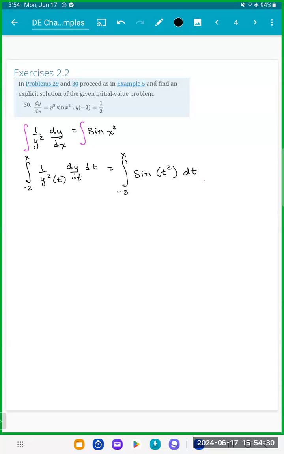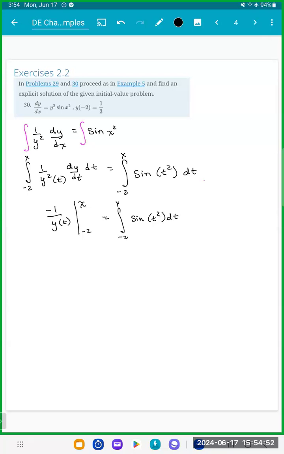Okay. So we'll end up here with -1 over y of t, and we're going to evaluate that from -2 to x. And that is equal to the integral from -2 to x of sine t squared dt.